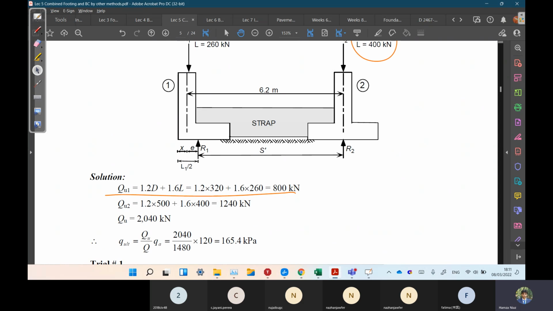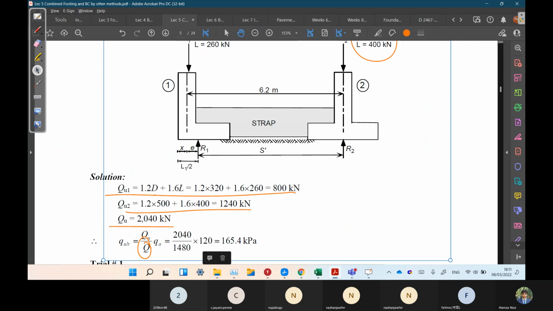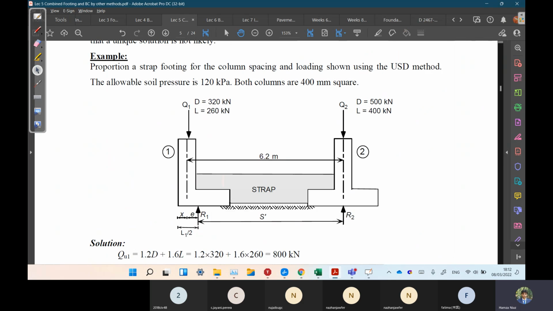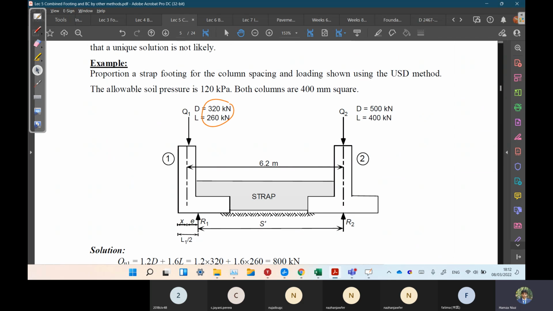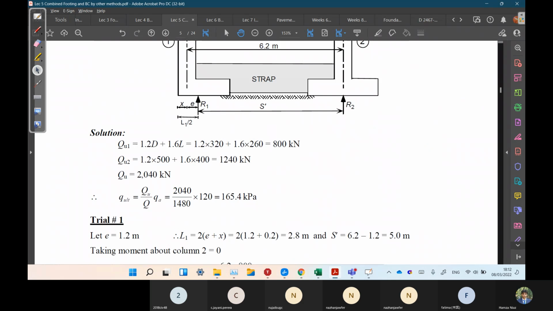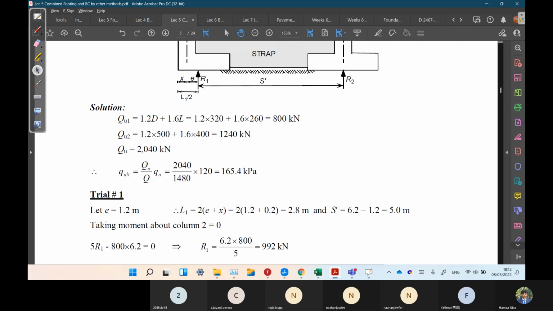First we find Q ultimate for the first column and for the second column, summing them. Q service is the service loads, simply the summation of 320 plus 260 plus 500 plus 400. Simply add them. This gives us the ultimate bearing capacity.